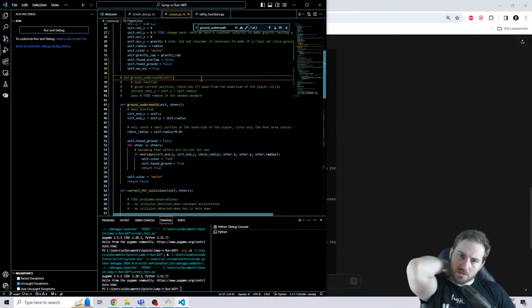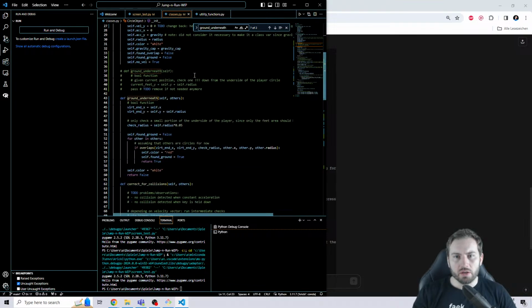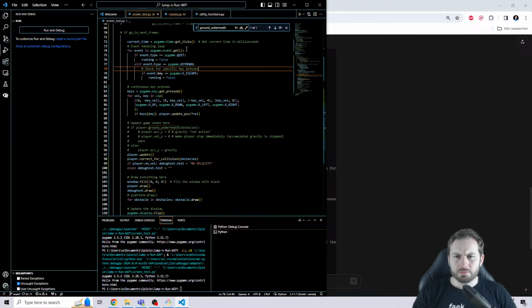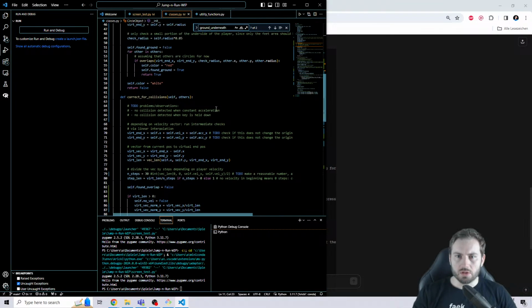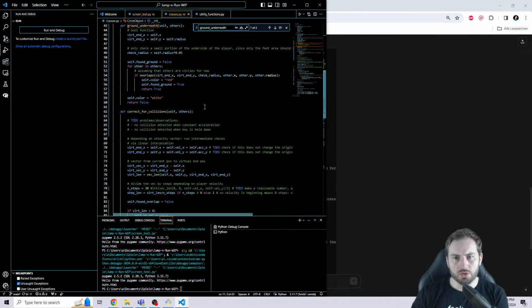Yeah, maybe because it's adding up with the acceleration somehow, and the correction will just make it not bounce so high anymore or something. Okay, let's fix two things. The key press velocity application, and that it is not checking for collisions as long as I press the keys. That should not be the case.